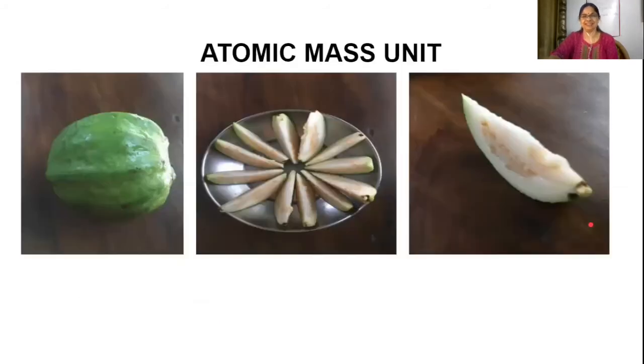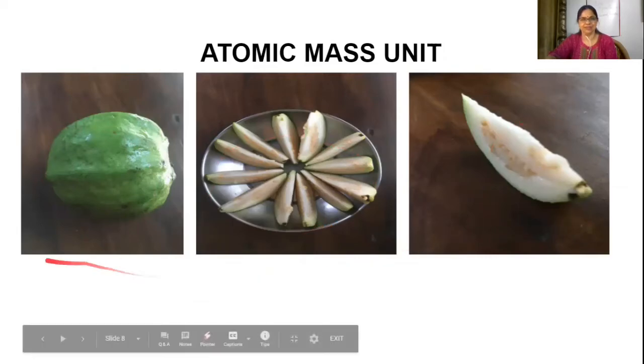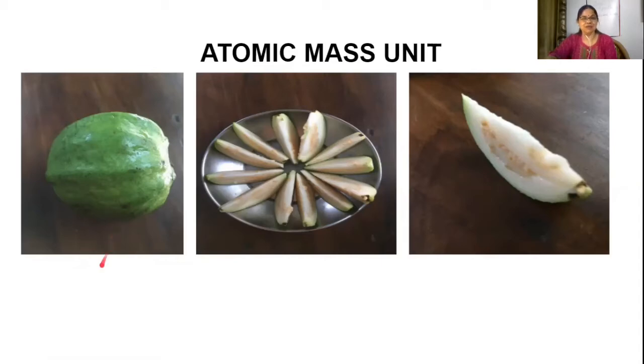To understand the atomic mass unit in a different way, I have these pictures of one guava. It's 12 pieces, and out of those 12 pieces, one piece. As we have also discussed in the class, this guava can be considered as carbon-12 atom. When we cut it into 12 equal pieces, then every piece is equal to 1/12th the mass of carbon-12 atom.